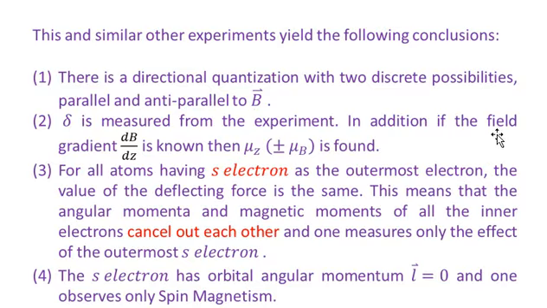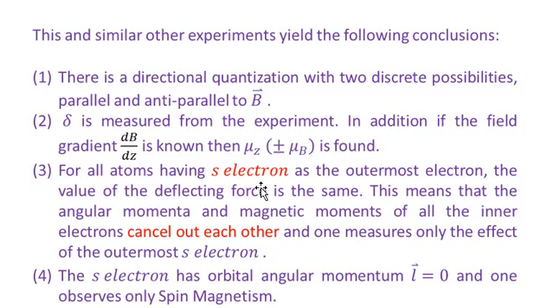In addition, if the field gradient, that is dB/dz, is known, then mu z equal to plus minus mu B is also found. So mu z can also be measured if we could measure precisely the value of this inhomogeneous magnetic field, which we are not reporting here.